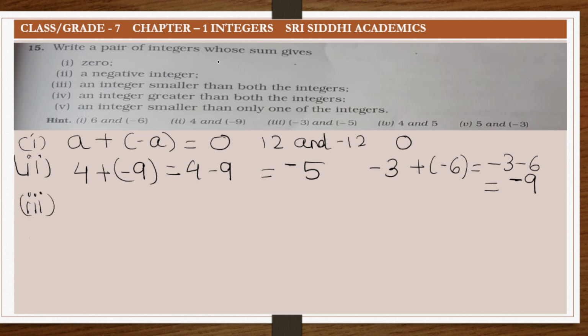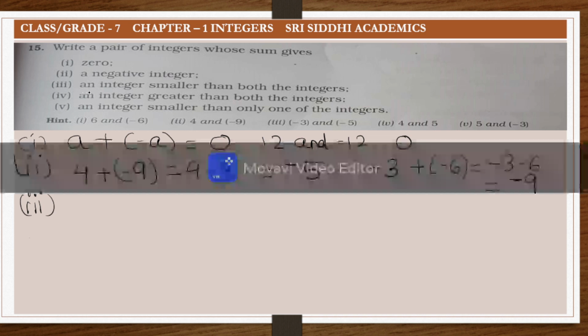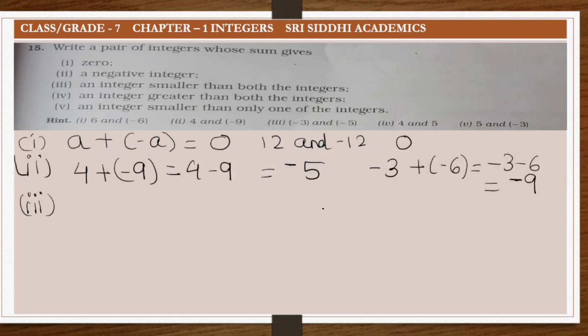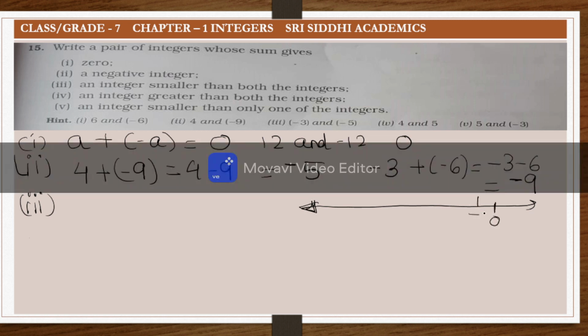Write a pair of integers whose sum gives, question number 3 says, an integer smaller than both the integers. So here the option that has been given to us, minus 3 and minus 8, which is all right, because if you see in the number line, if I draw a number line like this, towards the left, as you move towards the left from 0, minus 1 is the biggest negative integer, but as you move further left, the value keeps on decreasing.